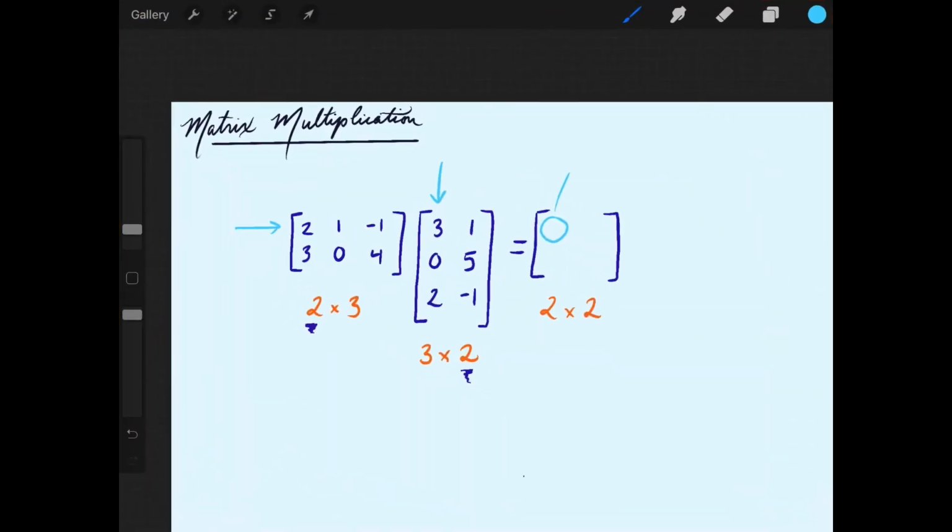Let's jot down some notes here. The thing that we're trying to get is in position first row, first column. So we are using the first row and the first column of the first and second matrices respectively.